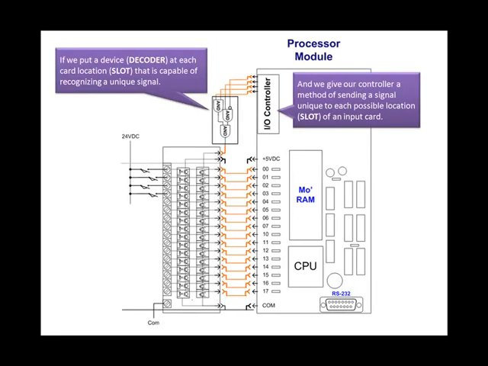So the I/O controller now, instead of having a single signal, has 4 lines, and 4 lines in binary give you 0 through 15. So you have 16 different combinations of high and low, zeros and ones, on 4 lines. That particular decoder, if you look at the ANDs, you see one input is inverted with a little circle on the AND gate. So when the correct ones and zeros come across those 4 lines, it will activate that card.